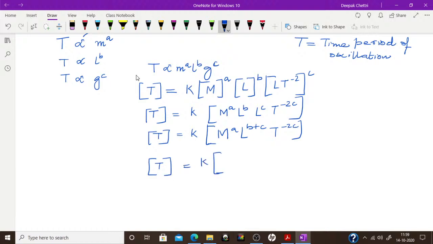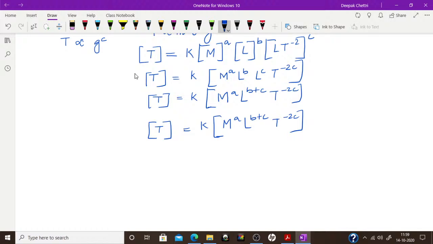Now look here, this is m^a l^(b+c) t^(-2c). Now compare these two. Do you see any m value on the right? No. So what does this mean? This means that m has power 0. Do you see any l value? No. So l will also be 0, but you have t, so t is 1 in this case.